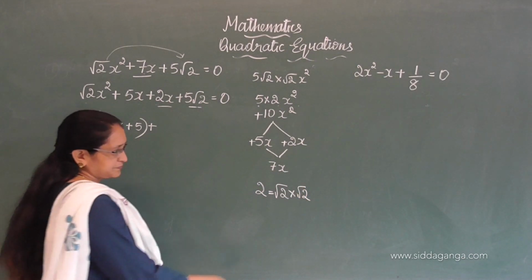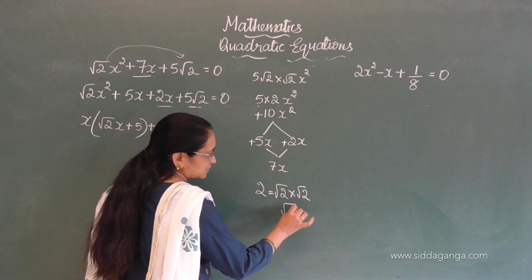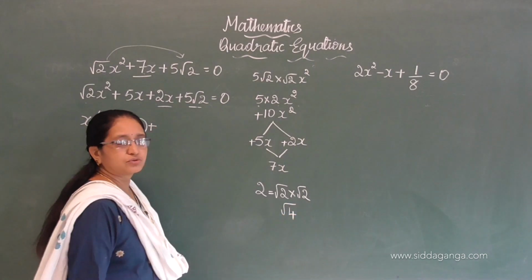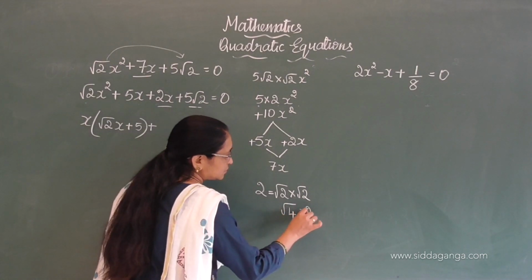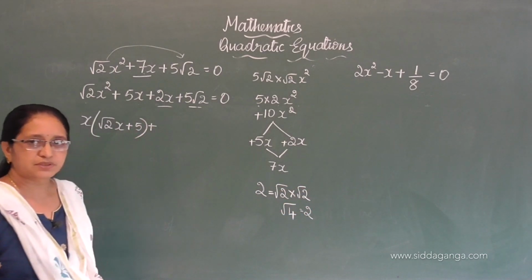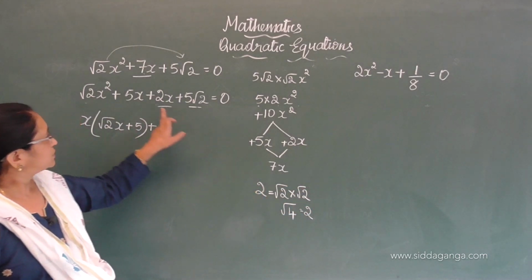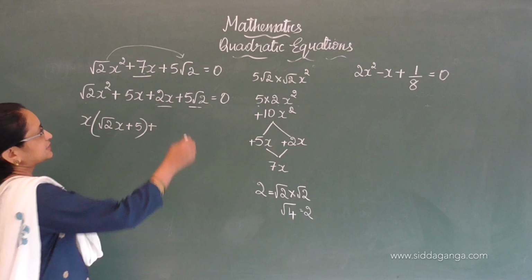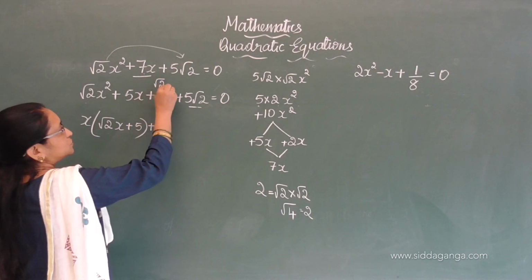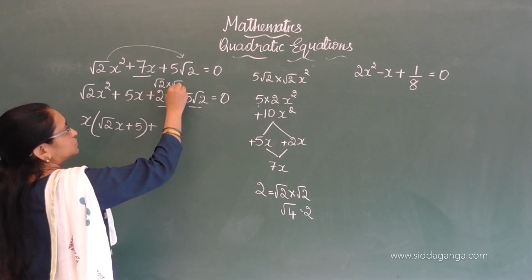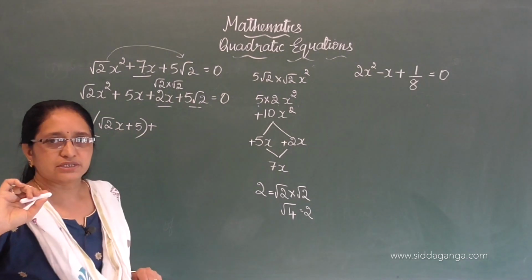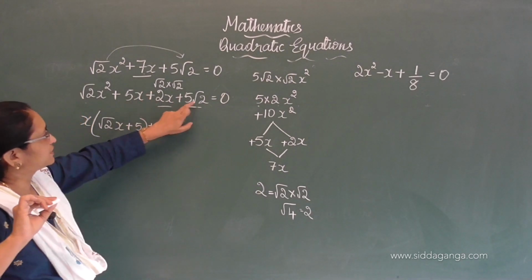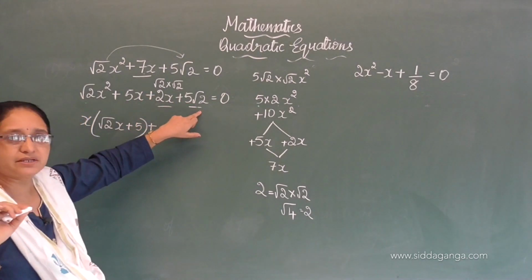Because, see here, root 2 into root 2 is how much? Root 4. Root 4 means how much? 2, as you all know, correct? So, 2 can be written as, I will write here, root 2 into root 2. Do you agree? Yes.